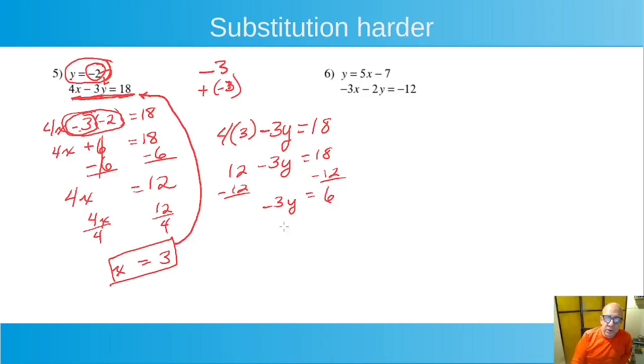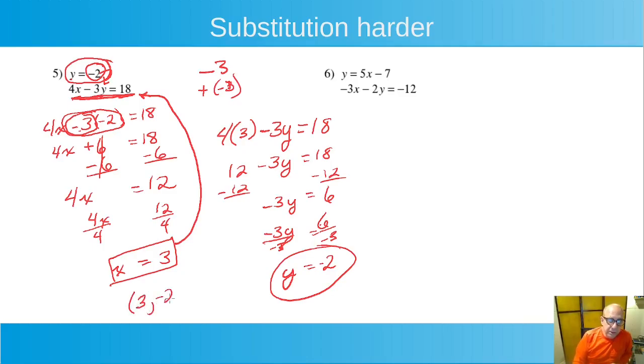Negative 3 times a number equals 6, so I'm going to divide by negative 3 on both sides, so 6 divided by negative 3, and negative 3y divided by negative 3 is positive y. 6 divided by negative 3 is negative 2. And you are absolutely correct. Y is negative 2. So the solution to this equation is 3, negative 2.